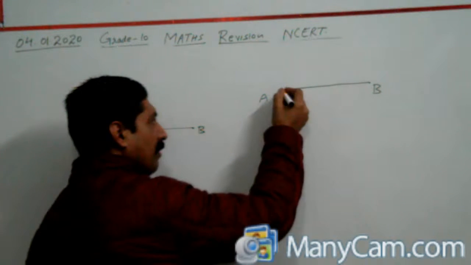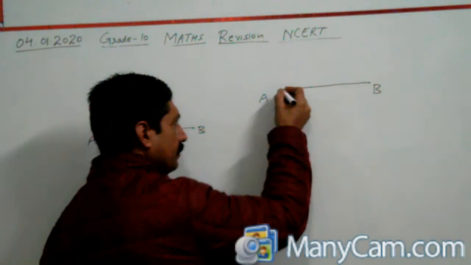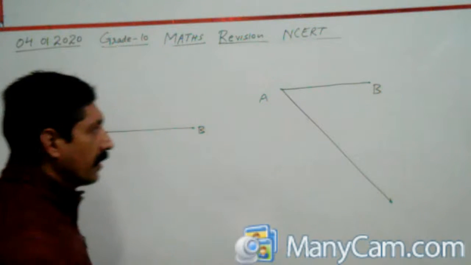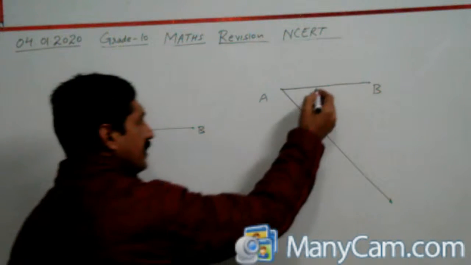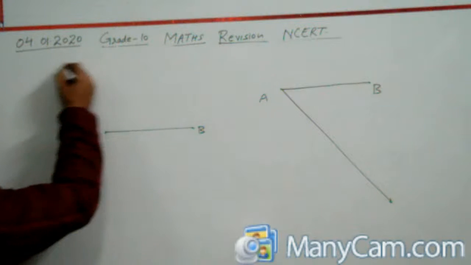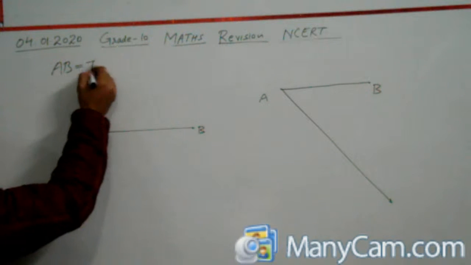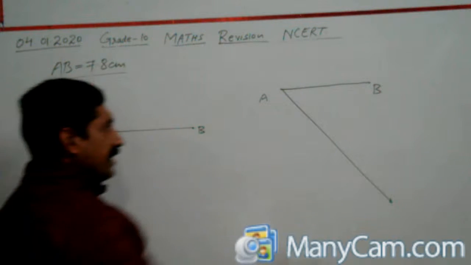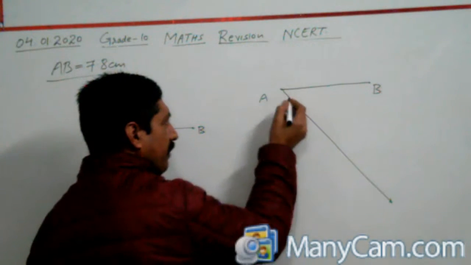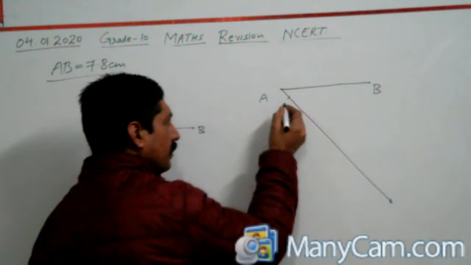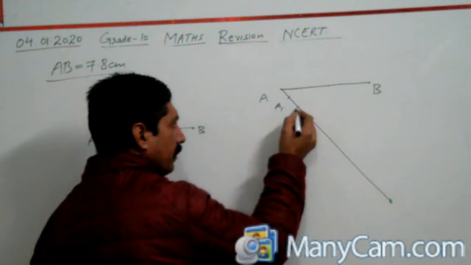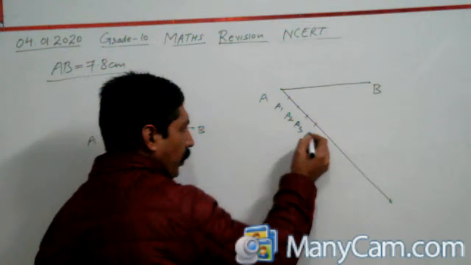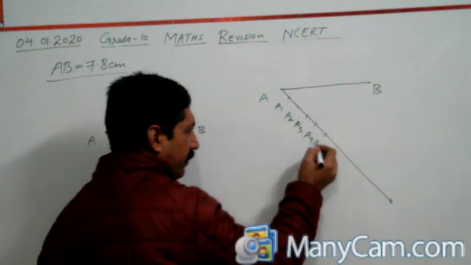First, with the help of scale, draw one acute angle. And here the ratio is given, AB is 7.8 centimeter. When AB is 7.8 centimeter, we will start from A with the help of compass or scale. We will mark A1, A2, A3, A4, A5.